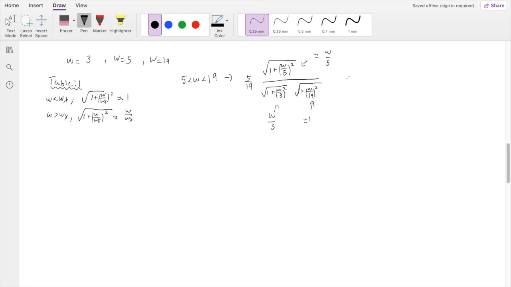So what can we write our new transfer function as when W is between 5 and 19? It'll simply be 5 over 19 multiplied by W over 5, divided by W over 3. We can simplify this again, the W's cancel out, and we'll be left with 5 over 19 multiplied by 3 over 5.